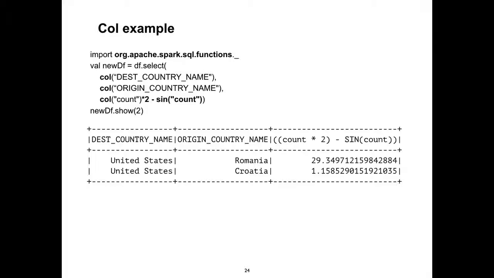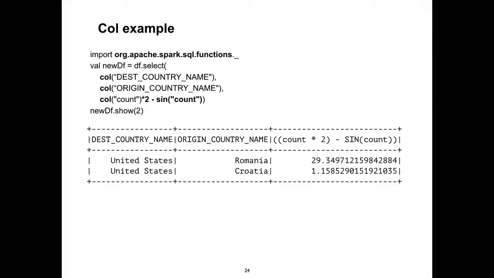So here's an example. It's a nonsensical example, but I'm going to do a select on the data frame with all our flight data. The reason I did col instead of having the strings is because I need the col to do an operation on it. So all of a sudden I can't just pass in a string.